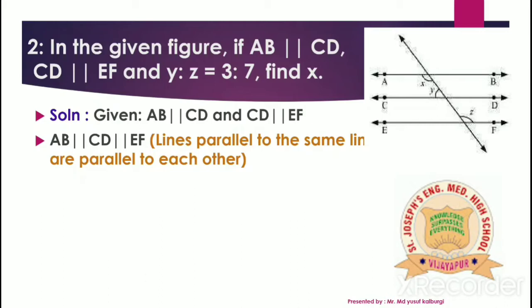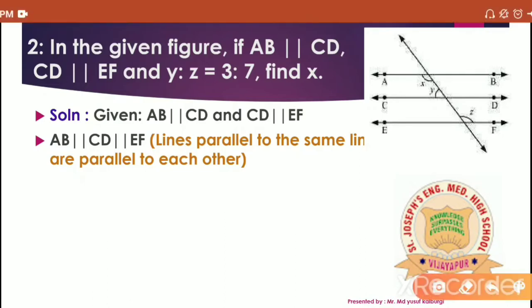We know that if lines are parallel then their alternate angles are equal. So just observe, now AB is parallel to EF. If AB is parallel to EF, then their alternate angles should also be equal.